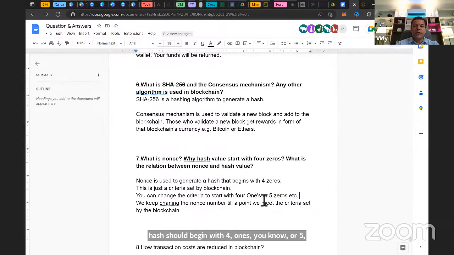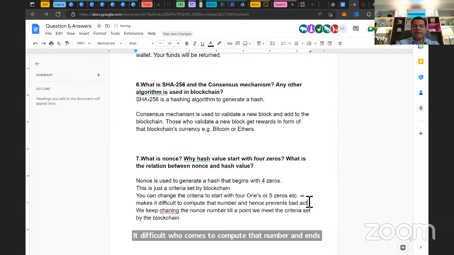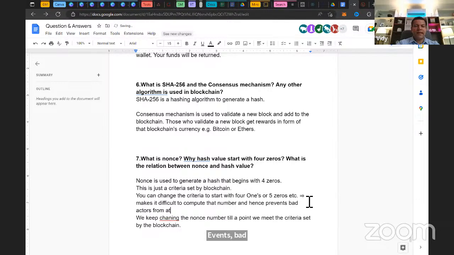It is up to you. Basically, this criteria makes it difficult to compute that number and hence prevents bad actors from attacking the blockchain. That is the main purpose.